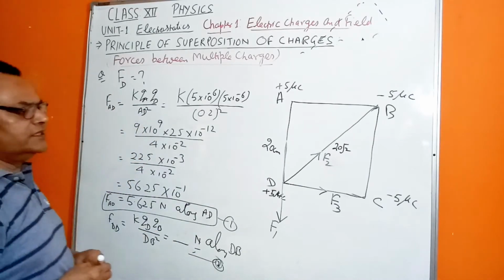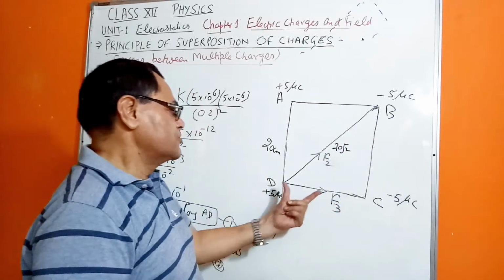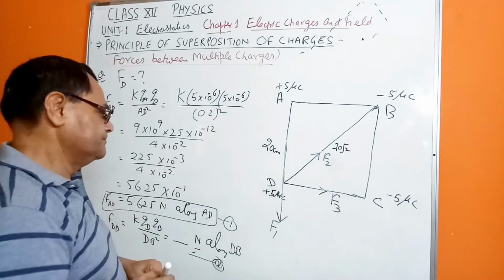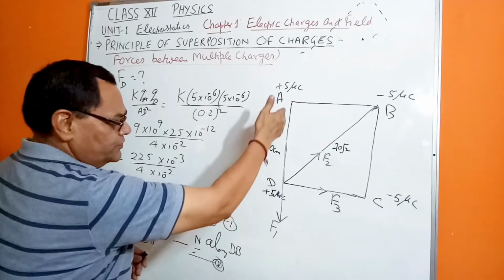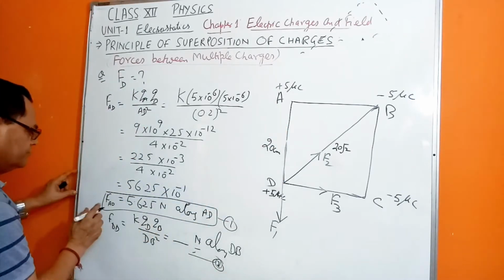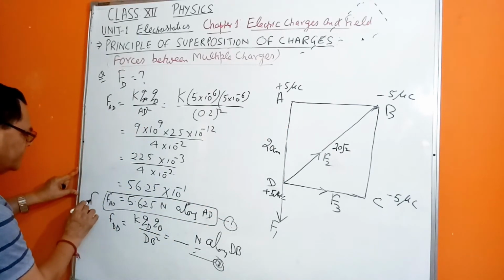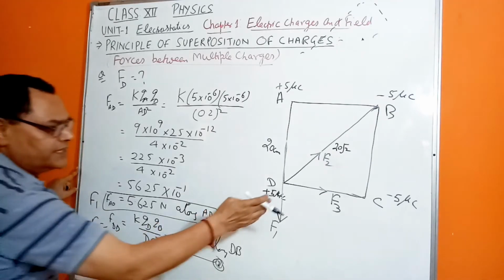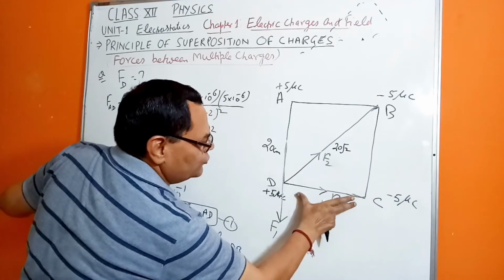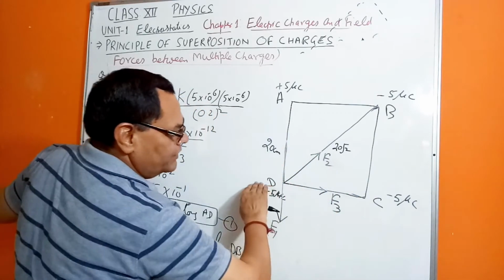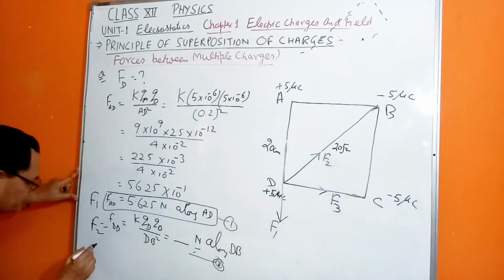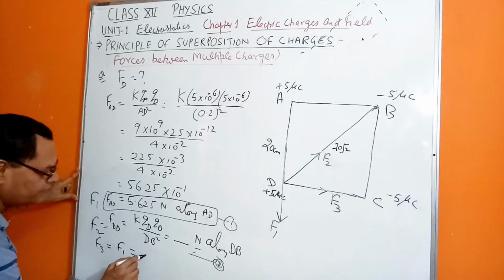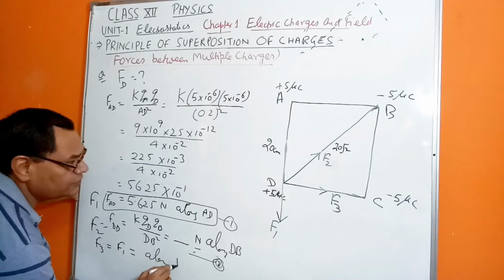Then what next? F3. So F3 will be numerically equal to FAD, that is F1. Basically this force was F1 and the second force is F2, and F3 numerically will be equal to F1, but the direction is different. So F3 will also be equal to F1 numerically, but the direction is along DC. Clear?